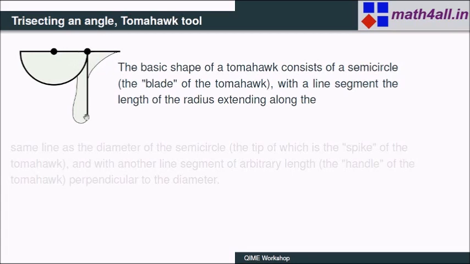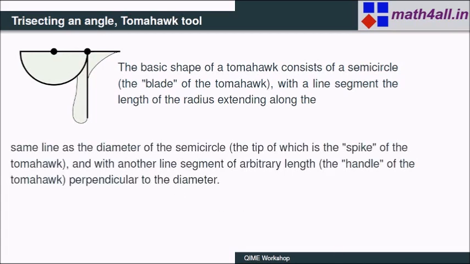This part of the straight line is divided into three parts: the first part, the second part, the third part. These are three equal parts, and this is a semicircle, and this is a tangent to that semicircle. So this is an instrument called a tomahawk, which was used long back. This is what I have described in words, that is what it looks like.